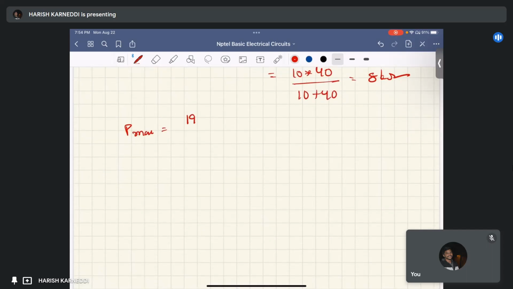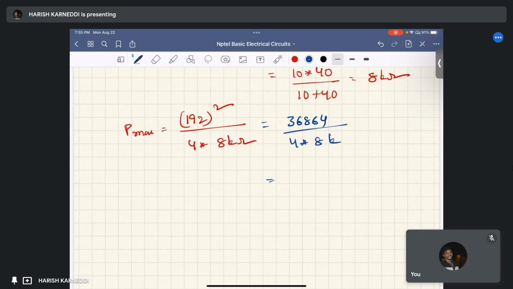So 192 square, that is 36864, by 4 into 8 kilo ohm, which is 4 into 8000, equal to 1.152 watts.